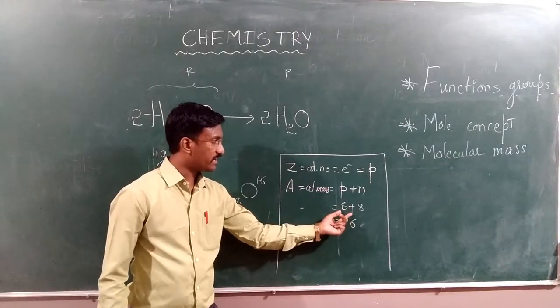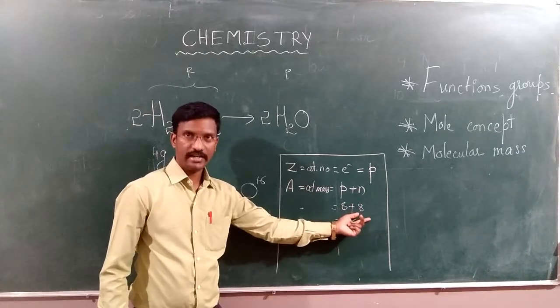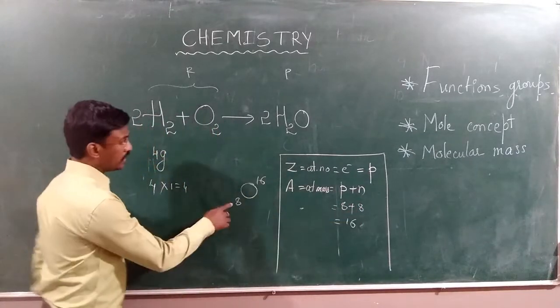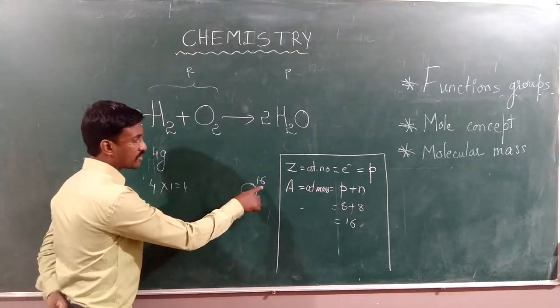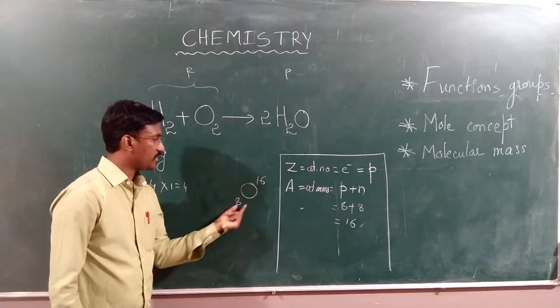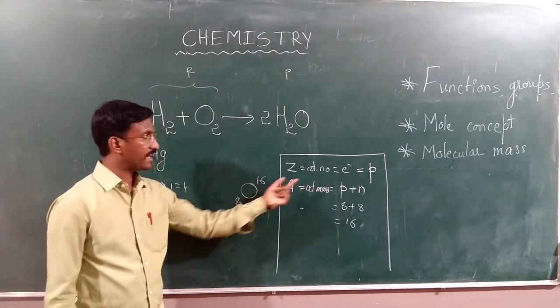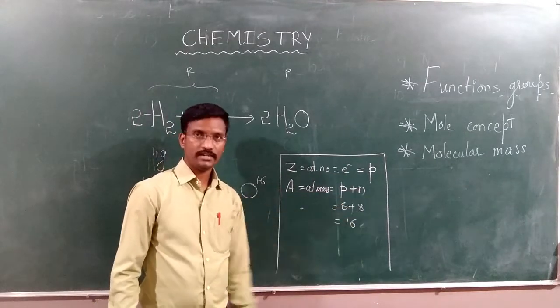If the protons are 8, then to make 16 the number of neutrons should be 8, since 8 plus 8 is 16. So the atomic number of oxygen is 8 and the atomic mass is 16. The atomic number indicates the electrons and protons, and the atomic mass indicates the sum of protons and neutrons.